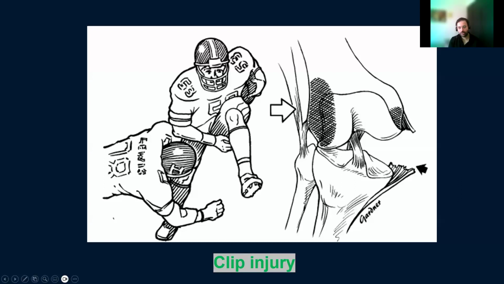Because of the trauma happening this way, you're going to have the medial collateral ligament tearing, right? So that's the typical injury pattern in a clip injury: marrow edema on the lateral, to a lesser extent on the medial femoral condyle, and a complete tear of the medial collateral ligament.